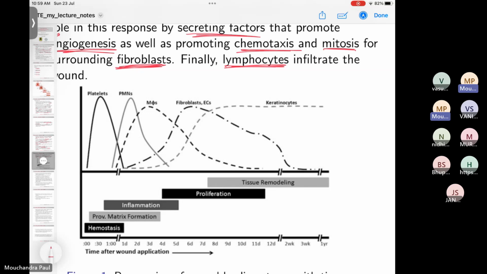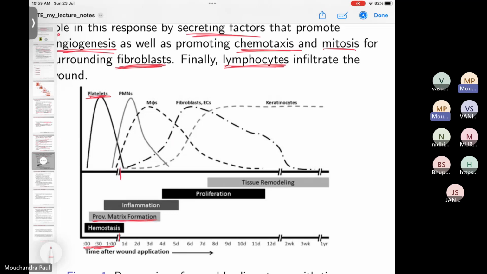Initially, within 30 seconds to 1 minute, the hemostasis phase is complete, and the main cell population involved is the platelet. During the hemostasis phase, this provisional matrix made up of fibrin, hydrogen, is also formed.